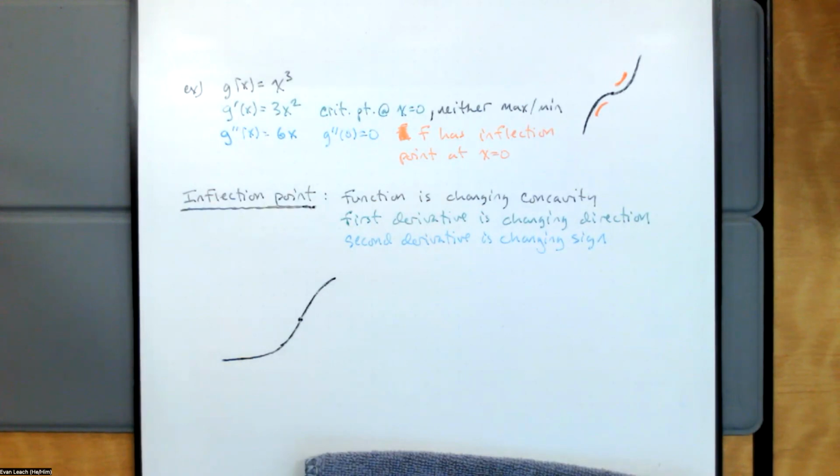So notice all through this graph, the function is increasing. After the inflection point, we are still increasing, but the amount of increase is decreasing. The direction of the first derivative has changed.